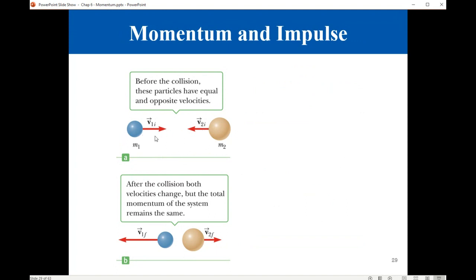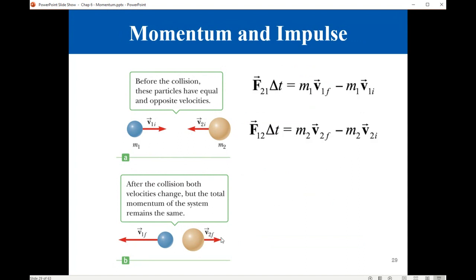After the collision, this one bounces back, v1 final, and this one bounces back in this direction, v2 final. So the momentum before collision must be equal to the momentum after collision. This is what we mean by the conservation of momentum principle.